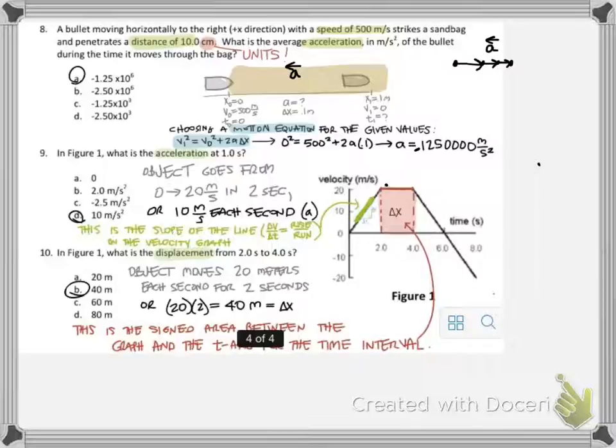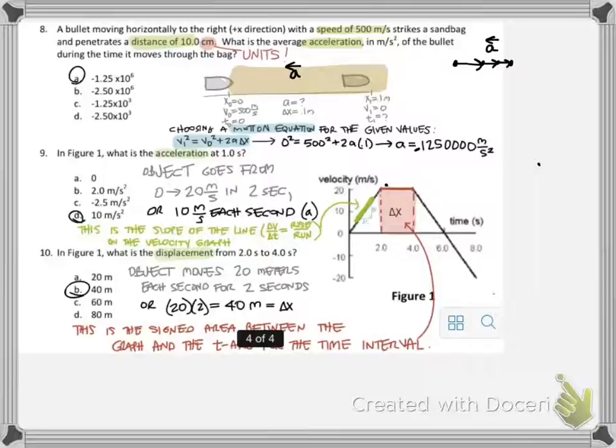So at 1 second. Because it is a straight line between 0 and 2 seconds, you can choose any convenient points. Probably what would be convenient, because they're easy to read off, would be 0, 0, and 2 seconds, comma, 20 meters per second, right? 0, 0, and 2, 20.